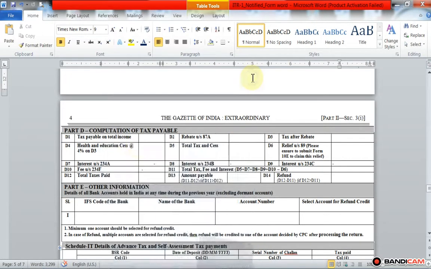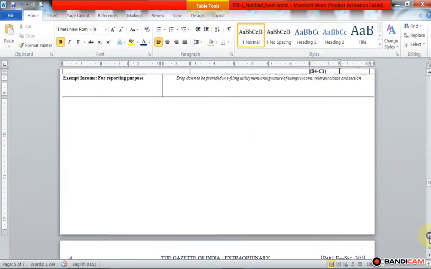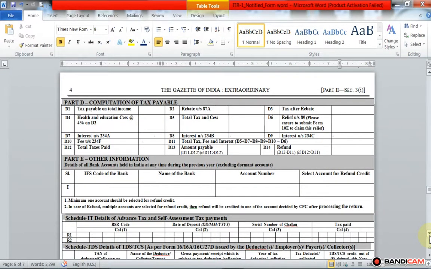Here we compute tax on total income of 2,79,100. The tax slab for an individual is: up to 2,50,000 tax is nil; 2,50,001 to 5 lakh, the tax rate is 5%; 5 lakh 1 to 10 lakh, the rate of income tax is 20%; and income above 10 lakh, 30%.